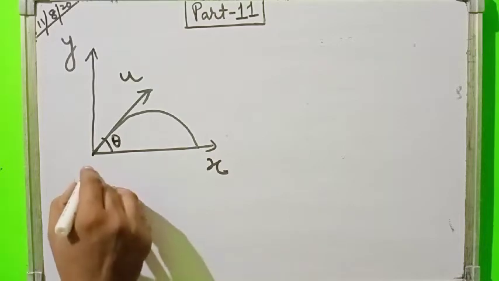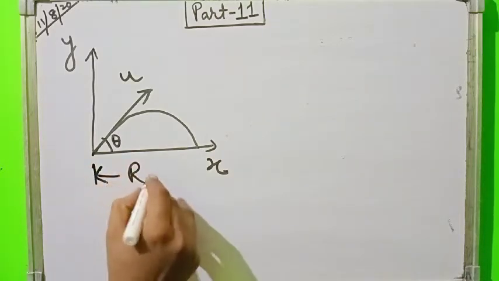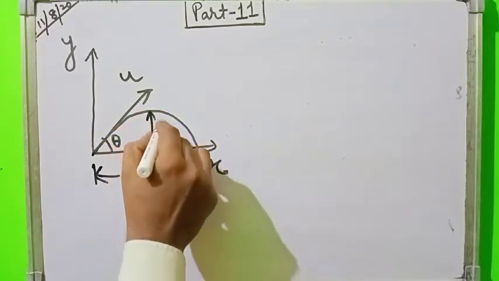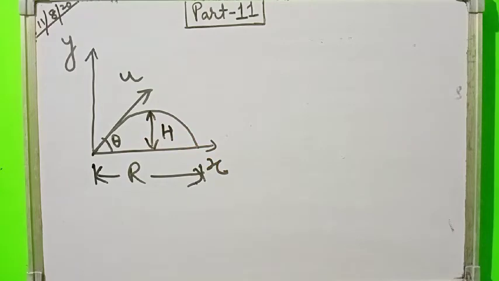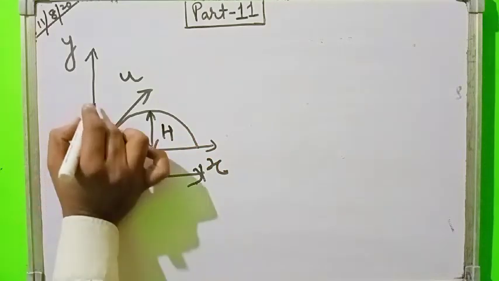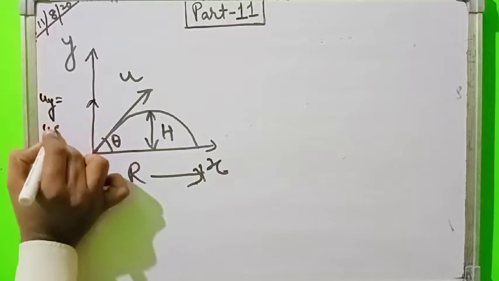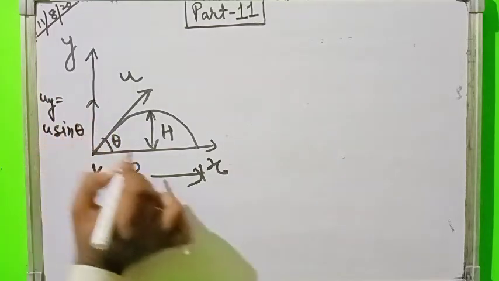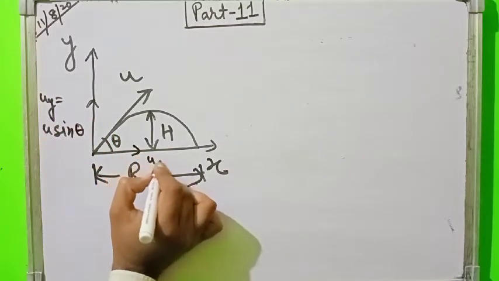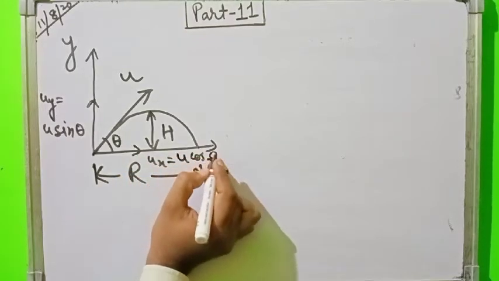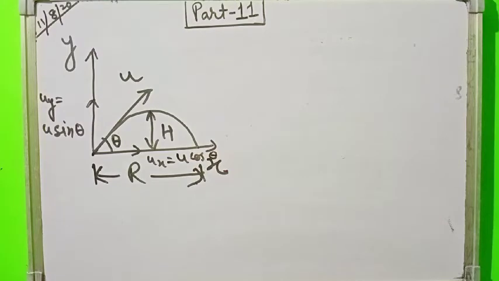Then this is the maximum range, that is maximum distance. This is the maximum height which can be attained, and this component of initial velocity is uy, which is equal to u sin theta, and this component is ux, that is u cos theta.